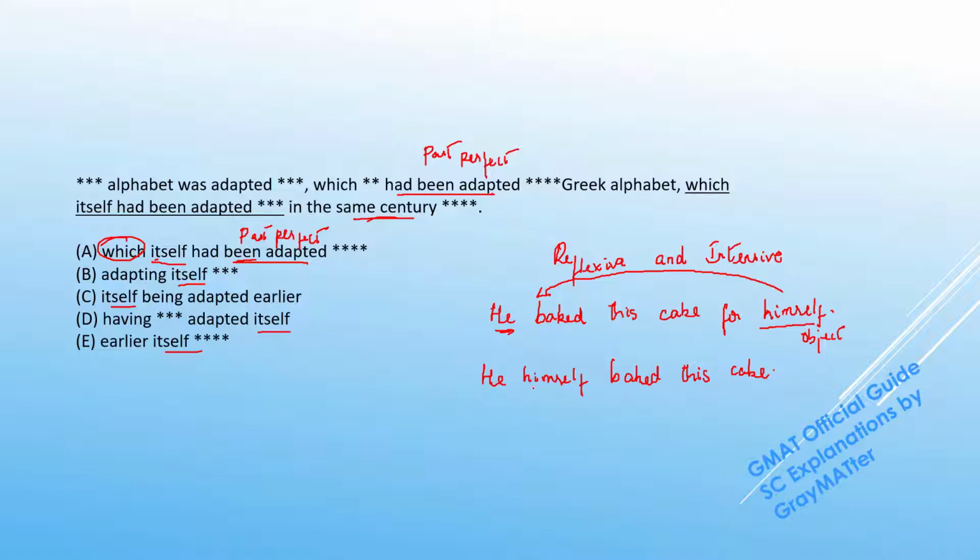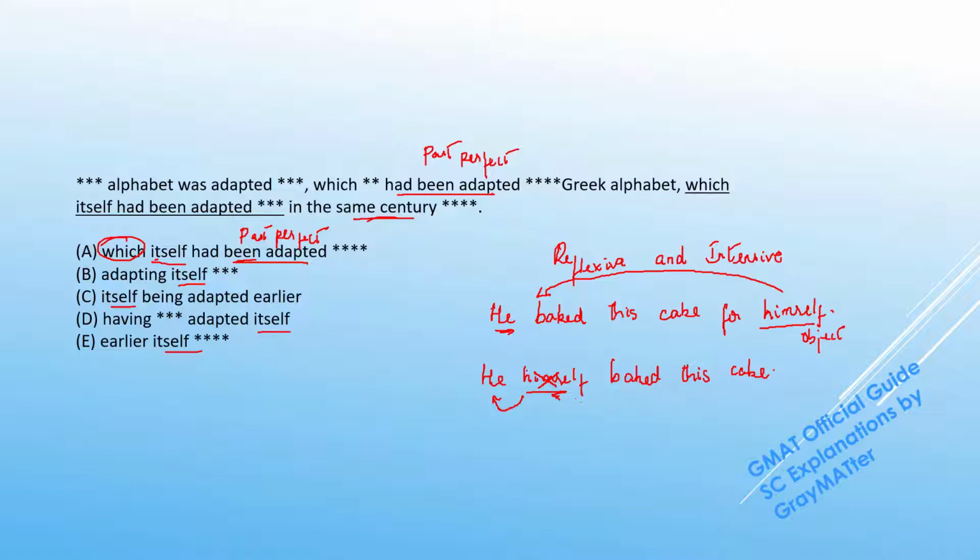But here you're trying to say that he himself did this. Now this pronoun is intensifying the subject, that he himself did that. Now the one way to differentiate between the reflexive and intensive is, if you take this out of the picture, is that going to impact the meaning of the sentence in any way? So if I say he baked this cake, nothing's going to change.